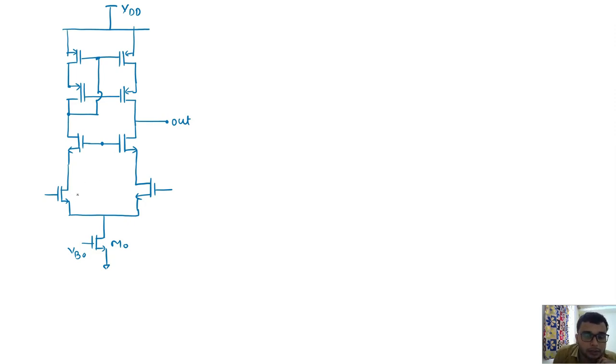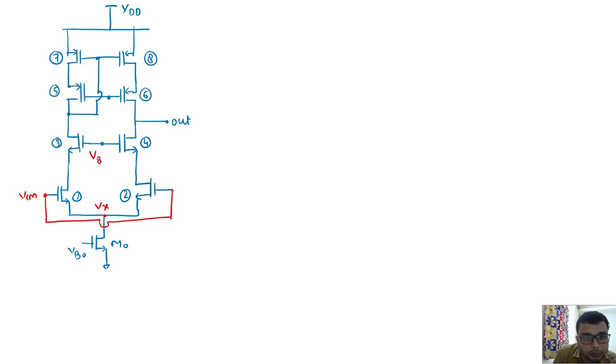Again, I will number the devices 1, 2, 3, 4, 5, 6, 7 and 8. Here the point is that I have two nodes which are not biased yet. One thing we know is that current is fixed, so VGS of all the transistors is fixed. But the point is whether all nodes are defined or not. This is my VCM, so Vx is defined, VCM I have already written.